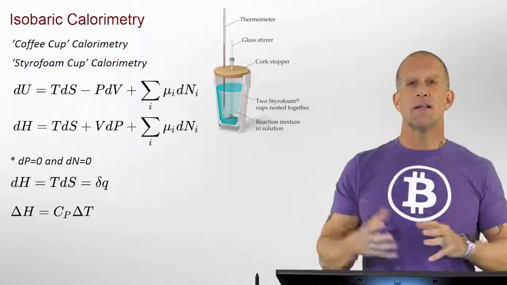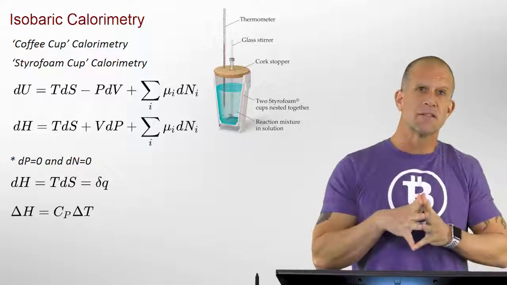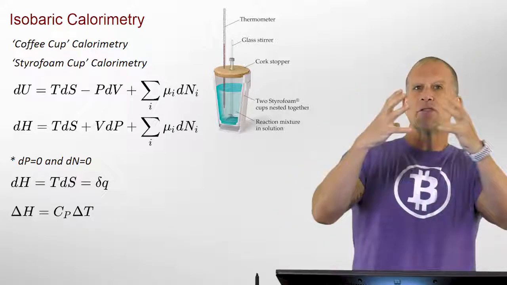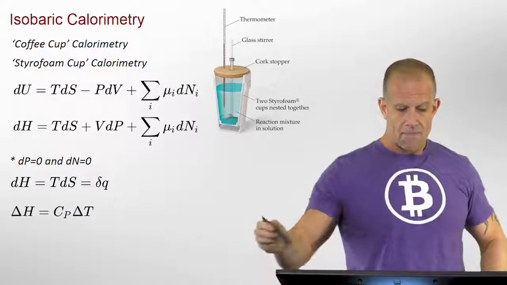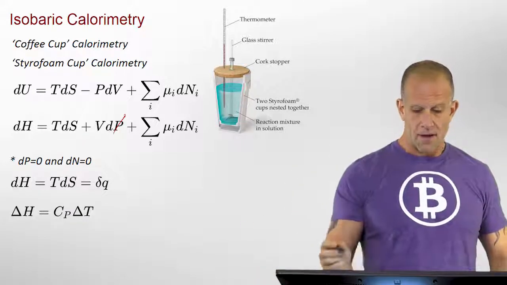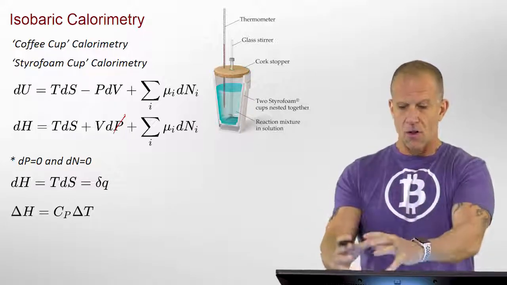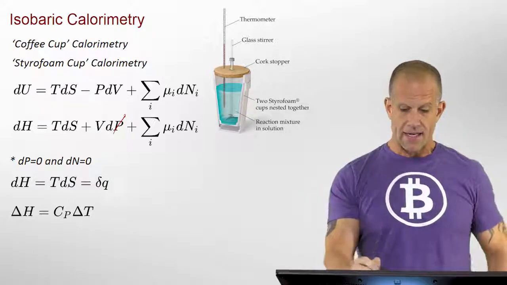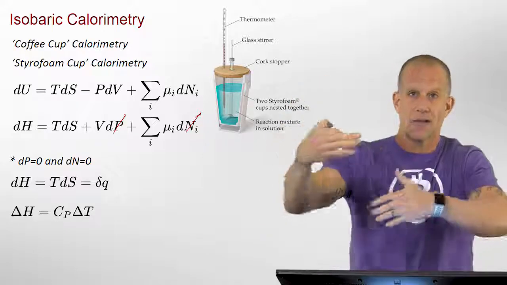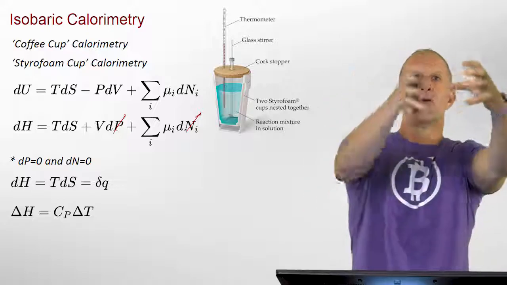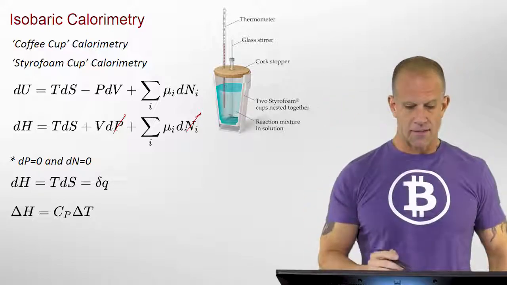And since you're doing it under constant pressure conditions, the energy term you're looking at is the enthalpy, and we have our closed system where we put everything into it. So there's no change in the number of moles after the reaction, or you're putting something in and then it's a closed system after that.